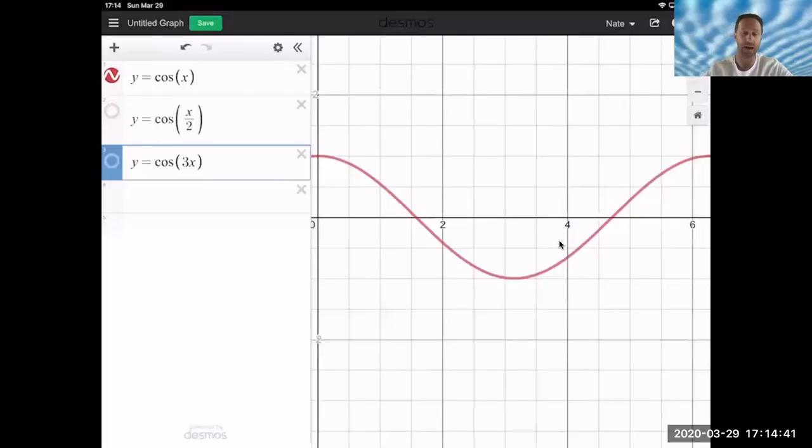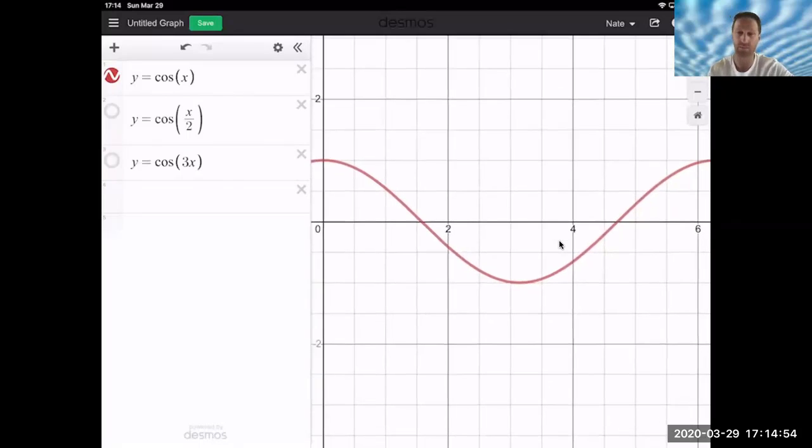You can see that if I have just cosine x, and cosine x is equal to 0, that was my equation, then you could see it would cross at two different places on this graph. And we should all know where those are located, right? At pi over 2 and 3 pi over 2. At those places, there are two different instances where I'd be rewriting where my function is equal to 0. Two solutions, if you will.